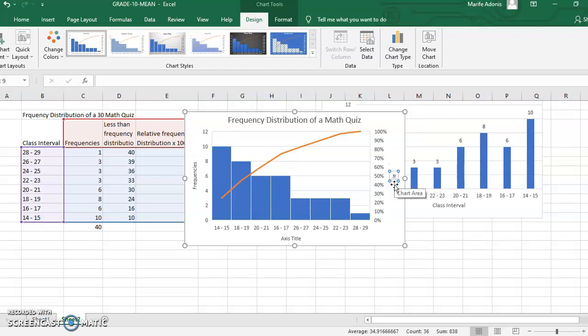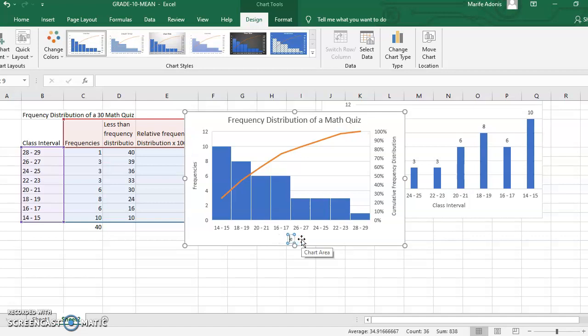So, this is the cumulative. Ano po ito? Cumulative frequency distribution. Of course, yung sa baba pa rin ang ating class interval.